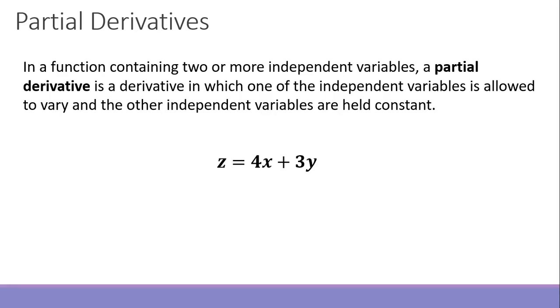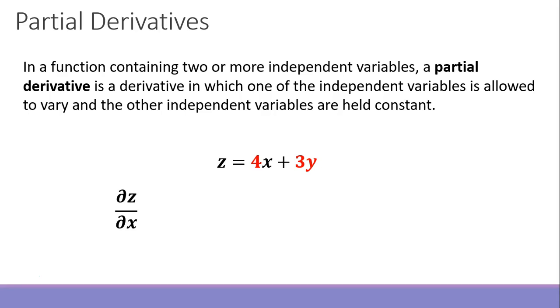Now here's an example of a function which contains two independent variables, x and y. If we want to take the partial derivative of this function z with respect to x, this is the notation we can use to describe that. Now what's going on with a partial derivative with respect to x is that we're considering the x to be the variable. Everything else is a constant.